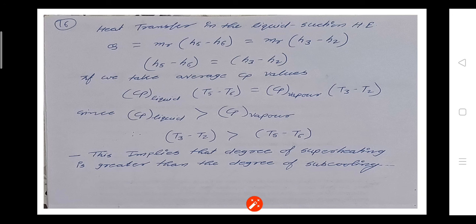What is the effect on COP of adding this heat exchanger? That also depends upon the nature of the fluid or the operating condition, because the degree of superheating is greater. It may change from application to application. Okay, thank you.